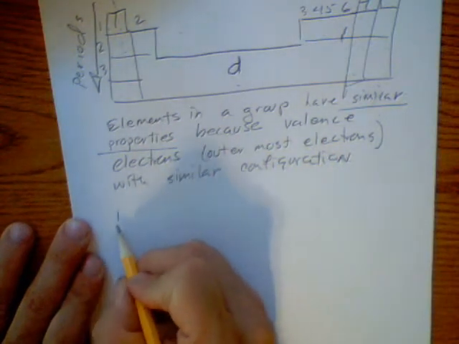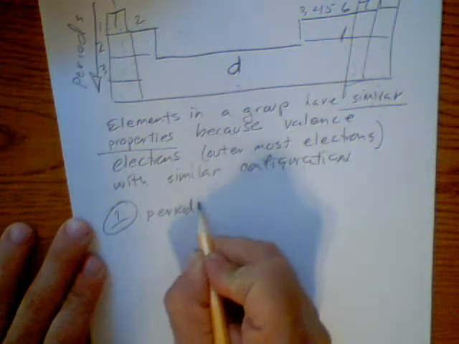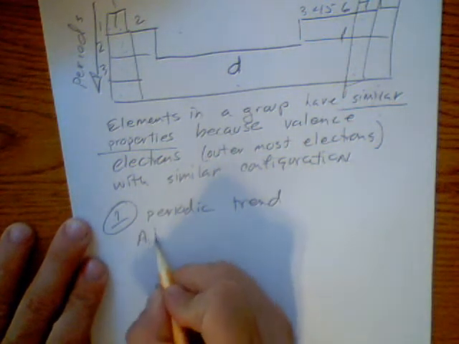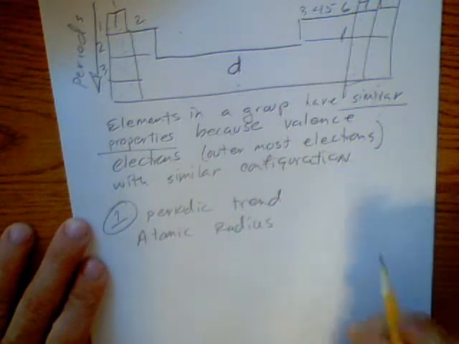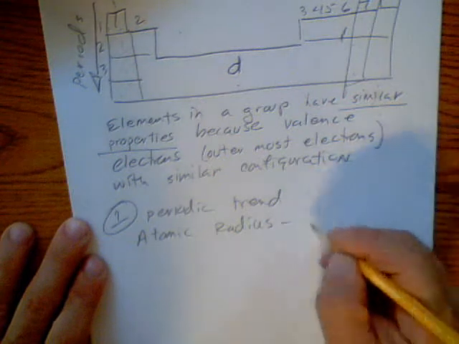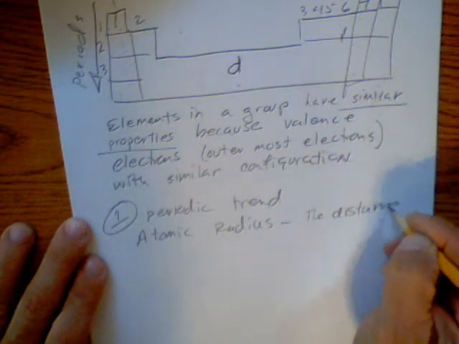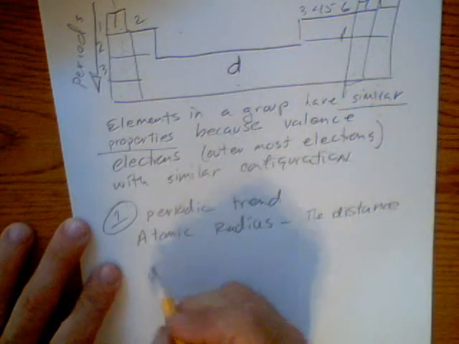The first periodic trend is the atomic radii. And all we mean by that is the distance from nucleus to the edge of the cloud.